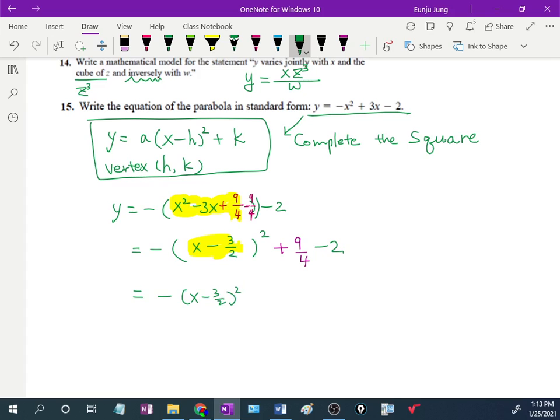That is the first part. And now let's calculate the second part. 9/4 subtract 2 means 9/4 minus 8/4, right? So what's the number? 1/4. So what is the vertex? The vertex is at (3 halves, 1/4), right?